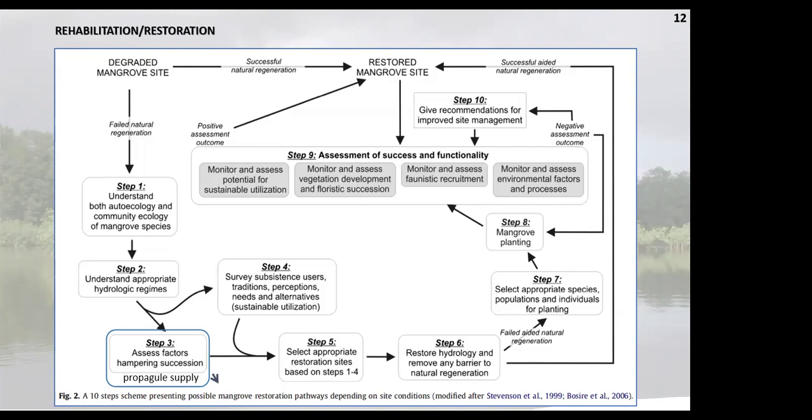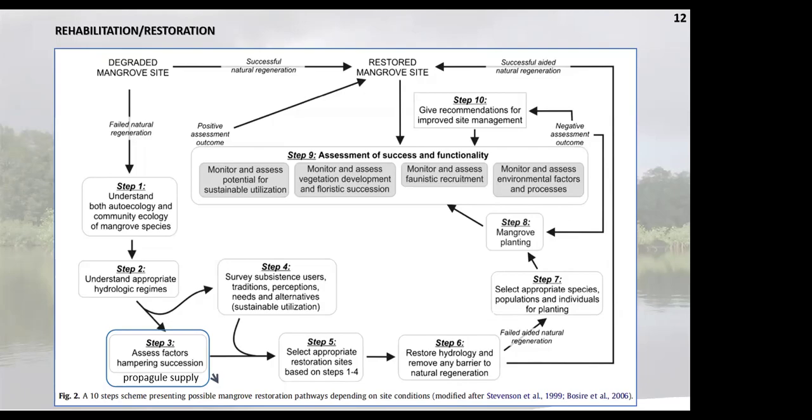Sometimes the propagules are not reaching your target area because they are retained in some place before reaching your area. Or terrestrial plants that are encroaching your target area, or people or cattle. You need to remove those factors that are impairing the restoration of your target area, that are impairing the mangrove settlement.